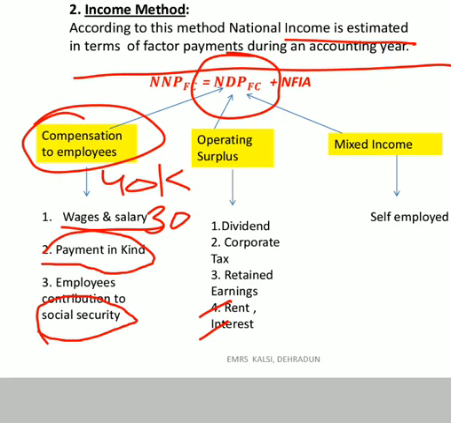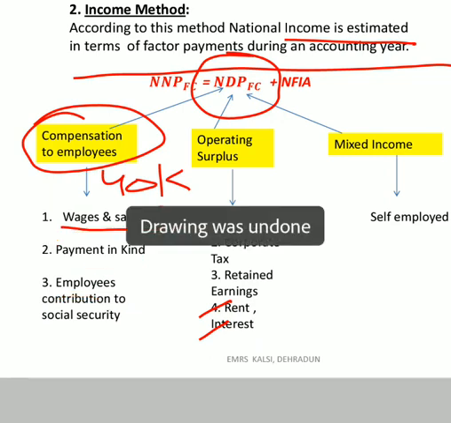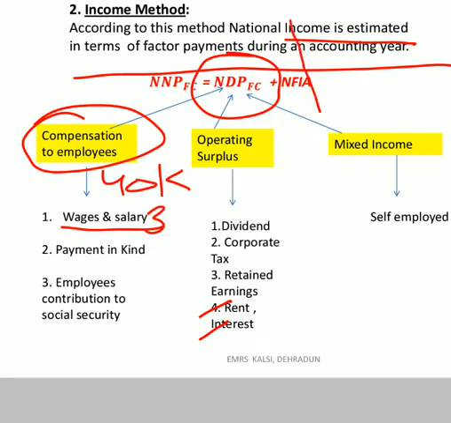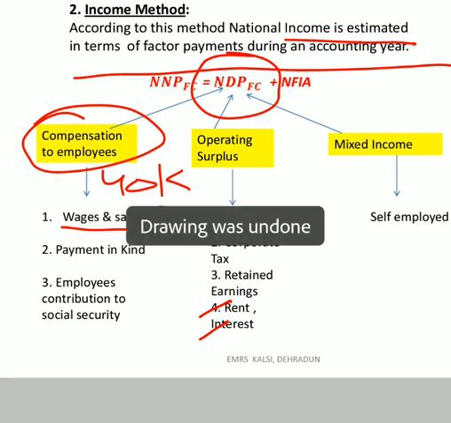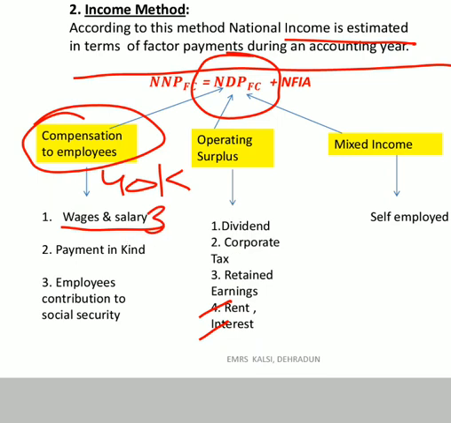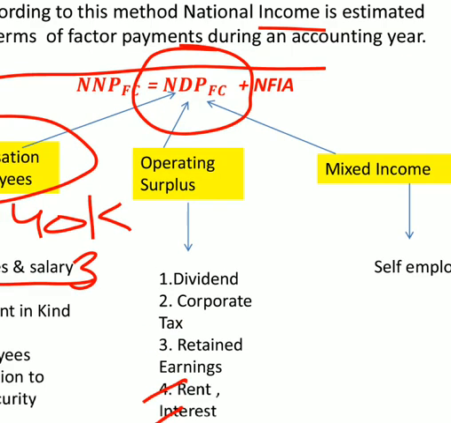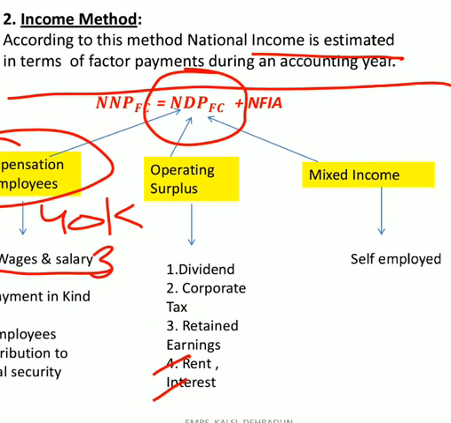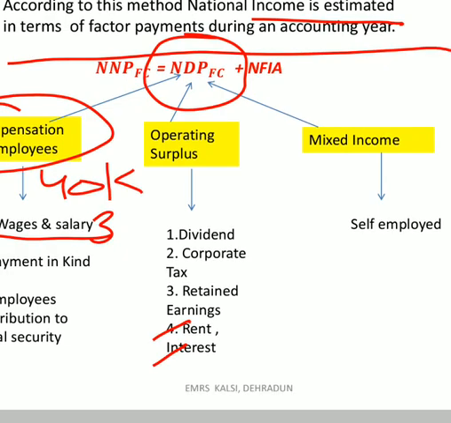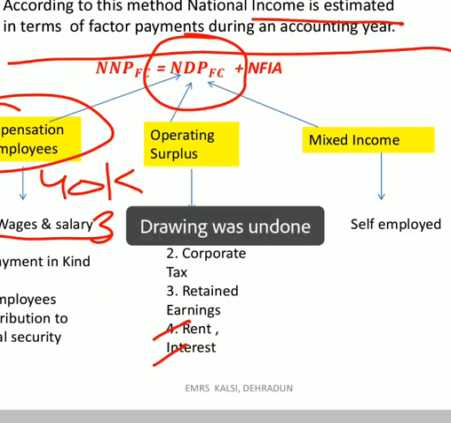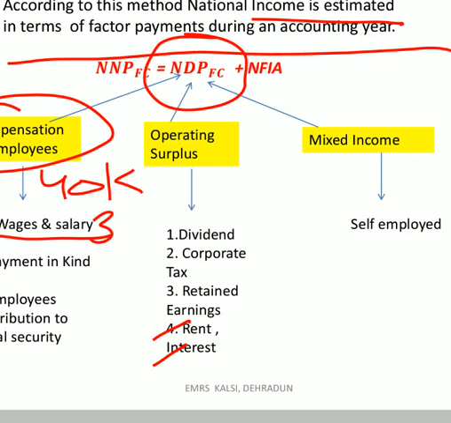Now the next thing we have to add for calculating national income or NDPFC is operating surplus. This operating surplus is divided into two parts: first is income from property and second is income from entrepreneurship.